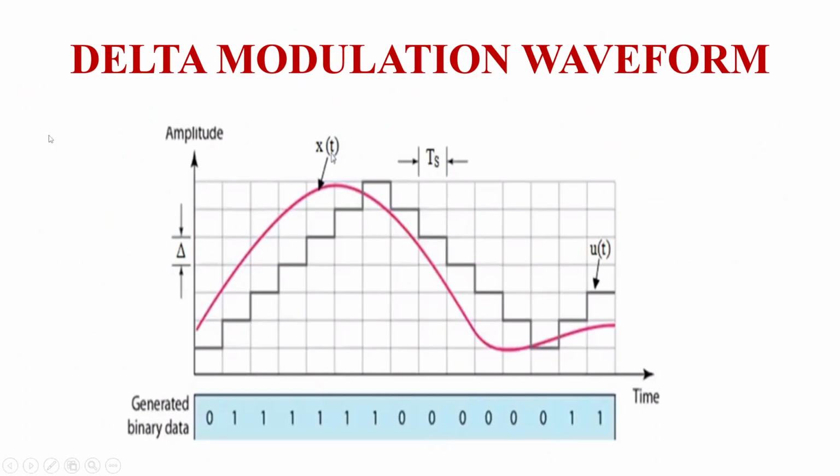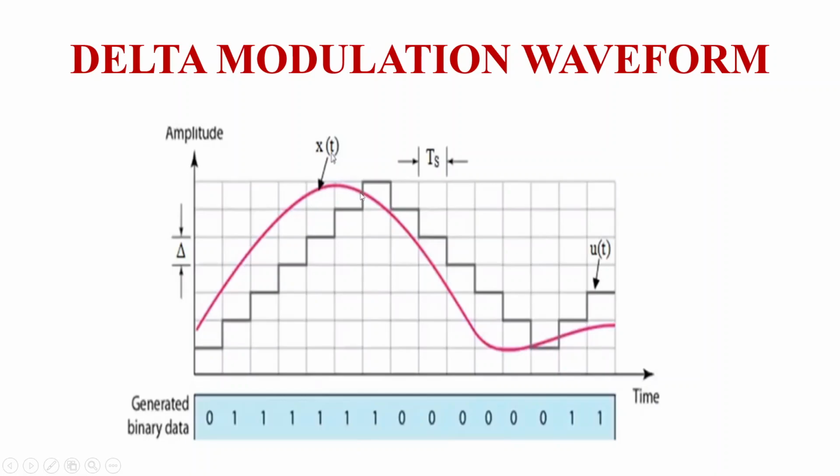This is what I have explained. The pink color waveform is our information signal, and the staircase step signal is our approximated signal. Here the approximated signal is less than the original signal, so bit 1 is transmitted and it is incremented. Likewise it is incremented at each point up to here, and bit 1 is transmitted.